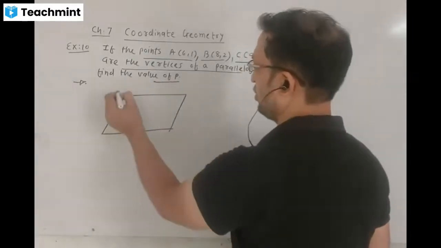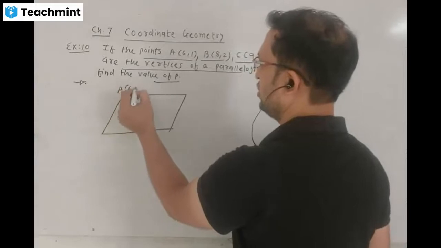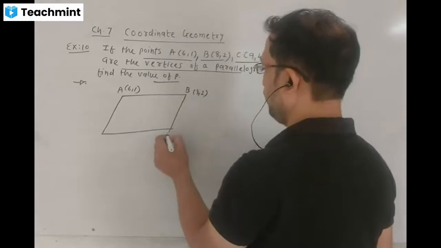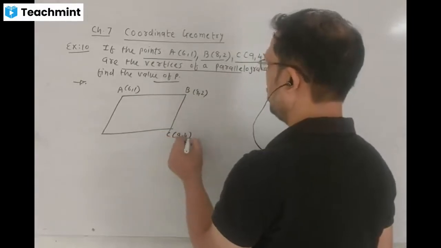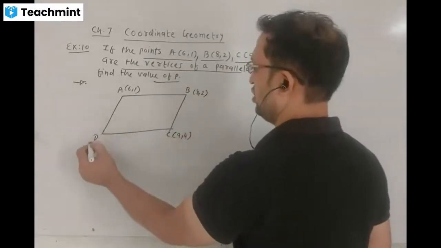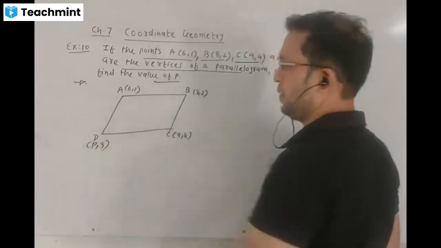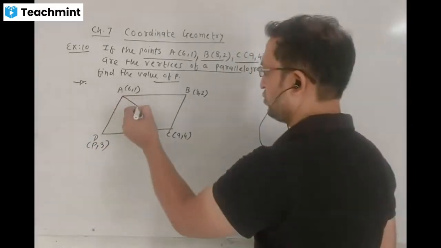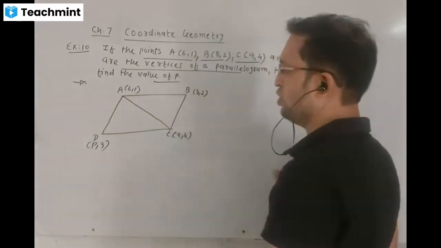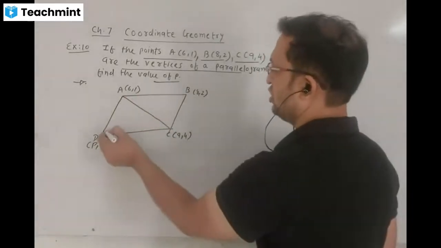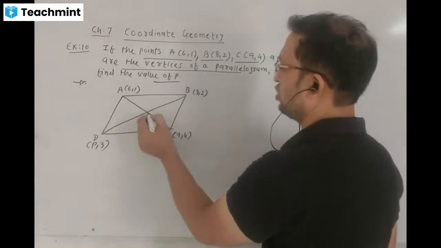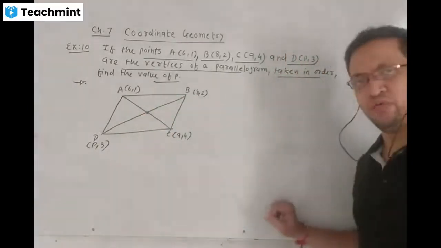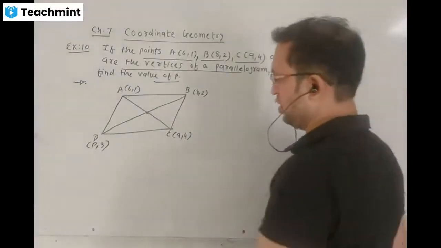ABCD is a parallelogram. What is the condition of a parallelogram? The condition of a parallelogram is that the midpoint of AC is equal to the midpoint of BD. Both are the same. So here we apply the formula.